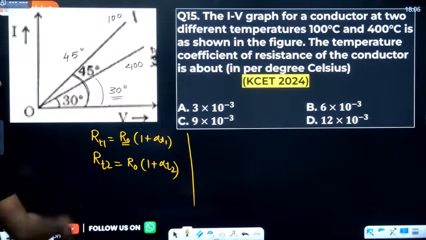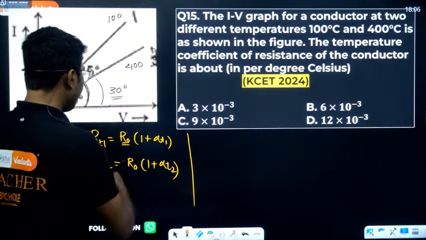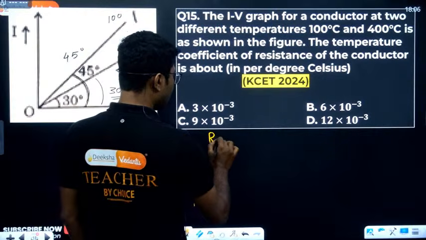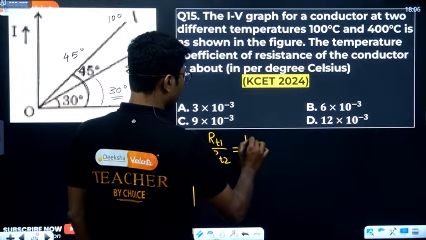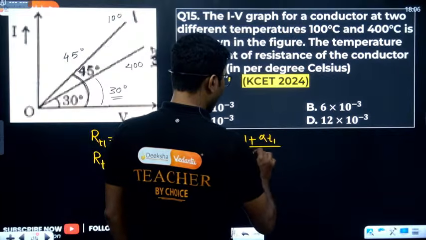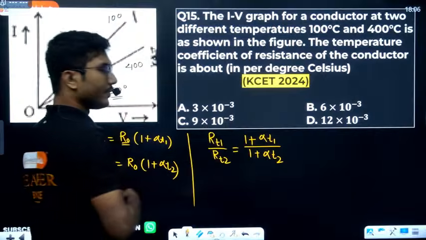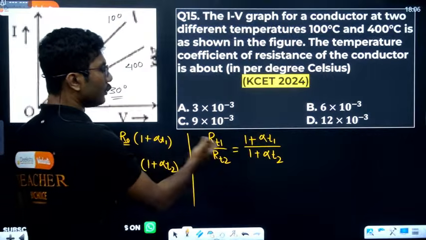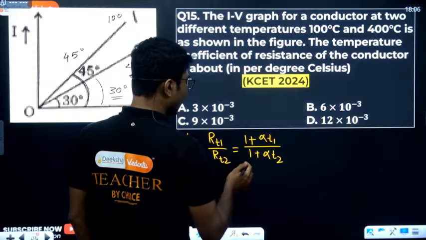So how to simplify it? We are trying to find alpha's value. If you divide both sides, you get RT1 by RT2 equals 1 plus alpha T1 by 1 plus alpha T2. Again, this is not very easy to simplify, so let's do the cross multiplication. I think that will be easier.